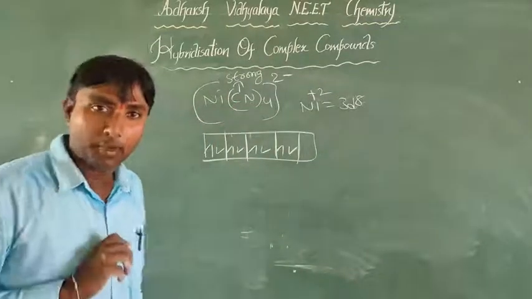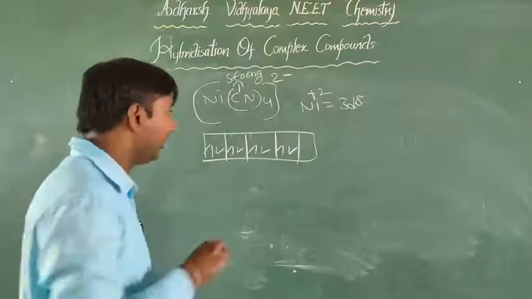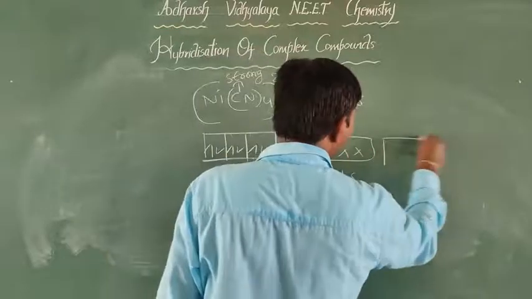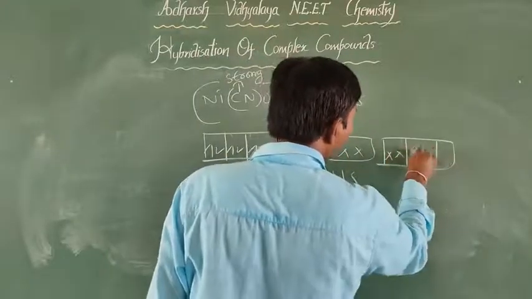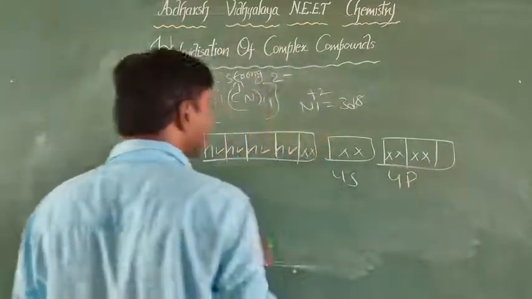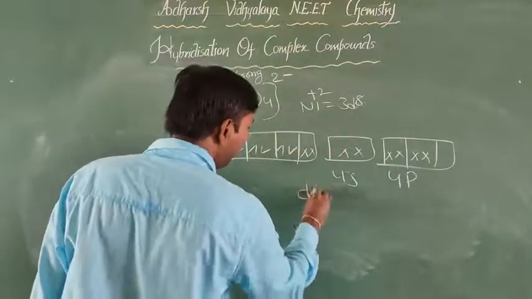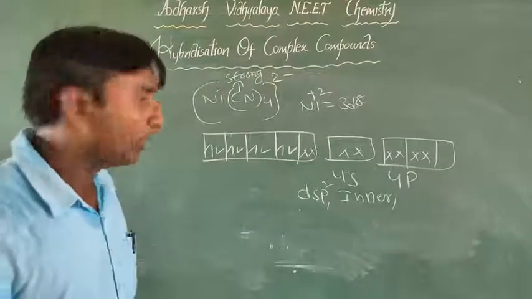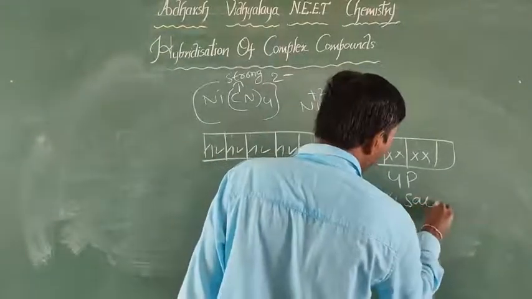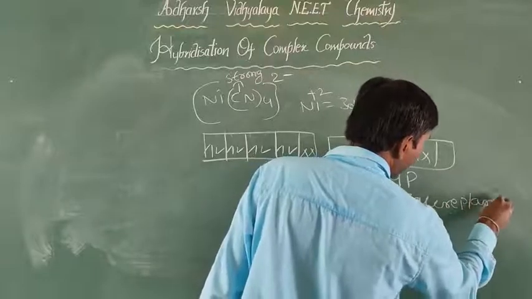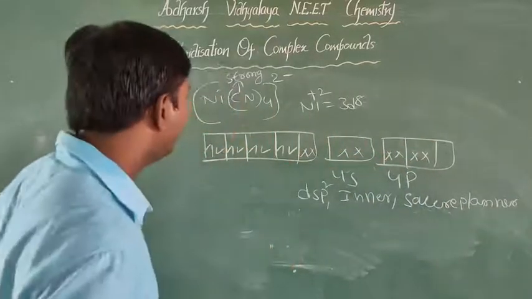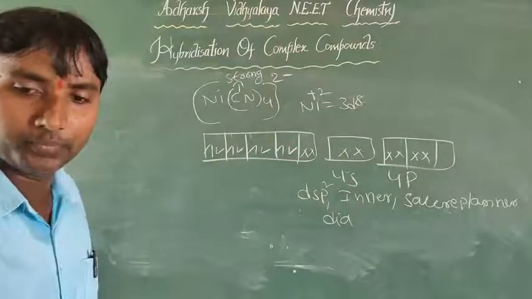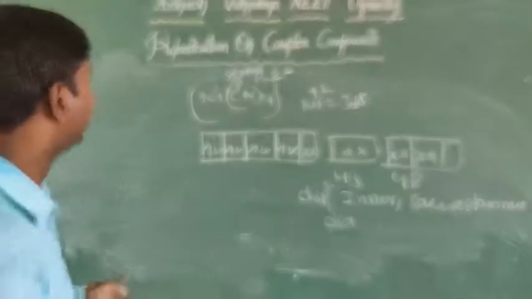That means 4 bonds, 8 electrons, 4 orbitals required. Here one 3d, and 4s, and from 4p, filled into the 4p orbitals. That's why here dsp2 means inner orbital complex, square planar geometry. Here no unpaired electrons are present. That's why this is diamagnetism.